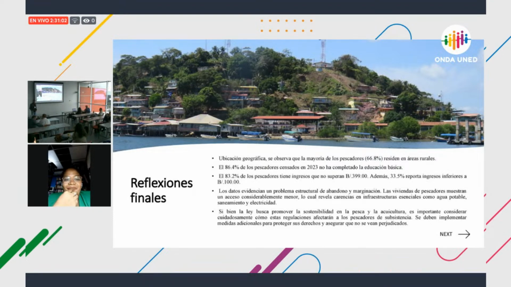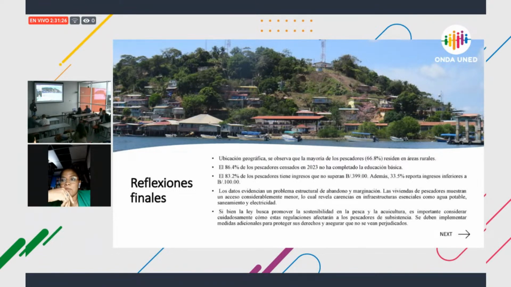And in the final reflections, in the last point, you made a comment that is very interesting. That has been a research line to be worked on, which is the relationship between the conservation and environmental policies versus the survival activity that has to be done.